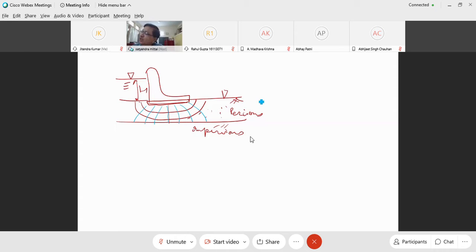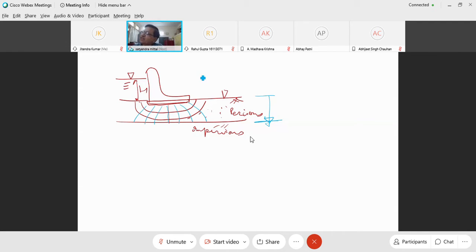So within this depth, the flow net shall be formed. The lines which you are seeing on the screen are some representative finite number of lines shown by me. As I said yesterday, there will be infinite number of such lines. But because we have to understand the phenomena, I have drawn some finite number of lines to explain you the procedure.